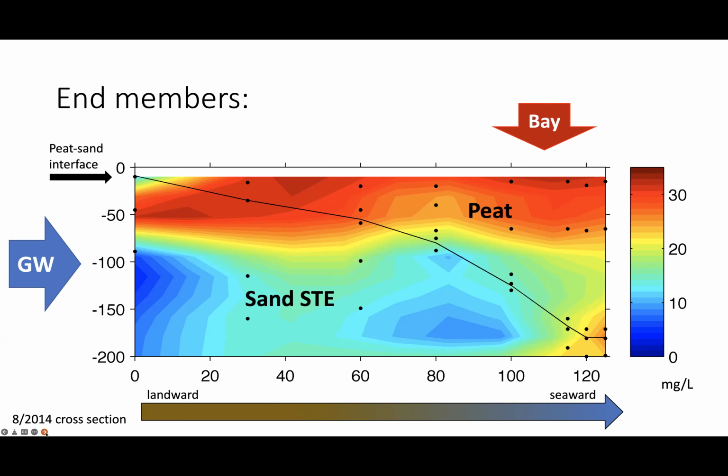Those meet and mix and will discharge with unique chemistries that are different from what the groundwater looks like coming in and what the bay water looks like coming in. So we're now going to assess, through mixing plots, largely starting at our property salinity plots, is there conservative mixing, is there removal or addition?